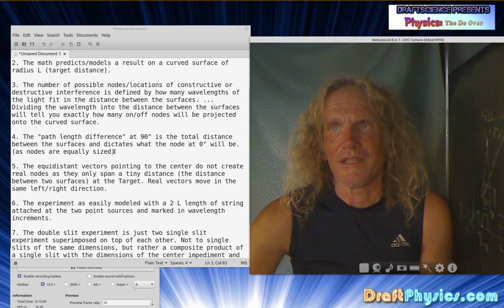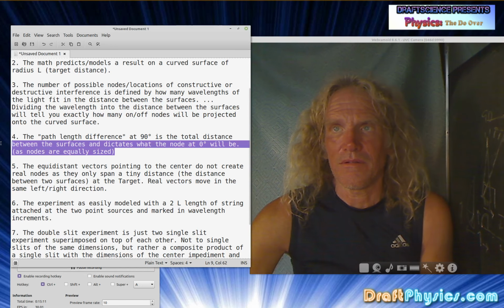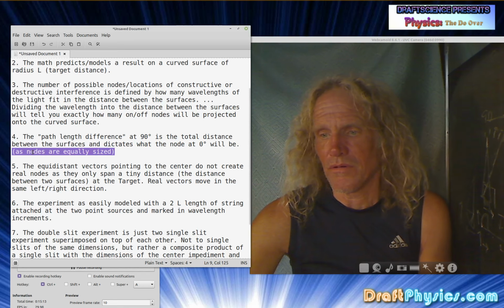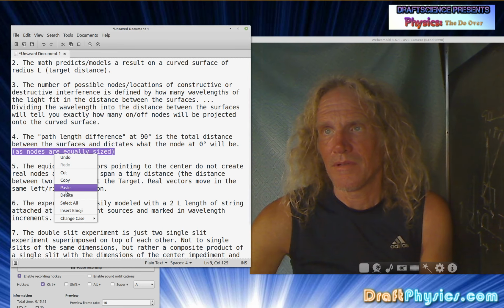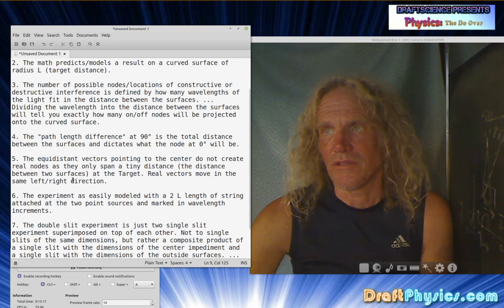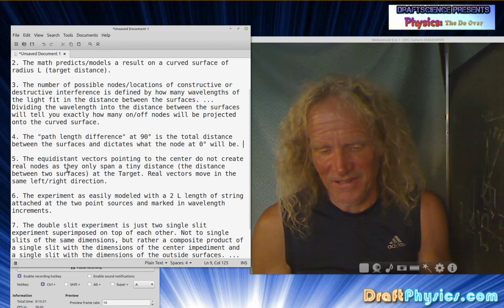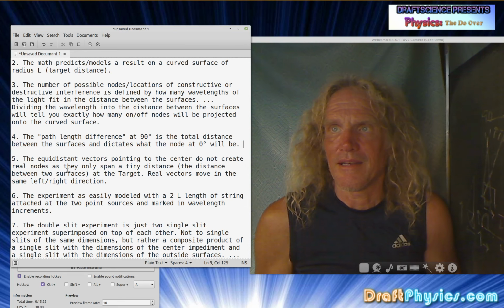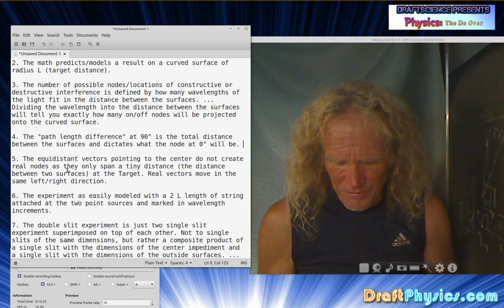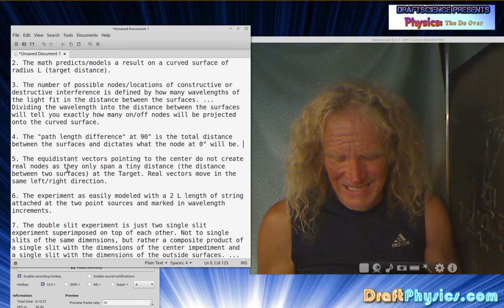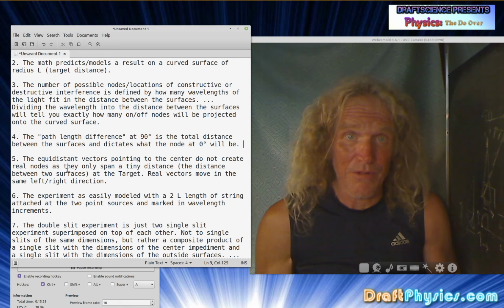The nodes are equally sized. So that little piece goes, because that's not true. So that's what's changed, okay, is what was in the parentheses. It's unnecessary. Again, it was argued merely as a way of making it easier to calculate.